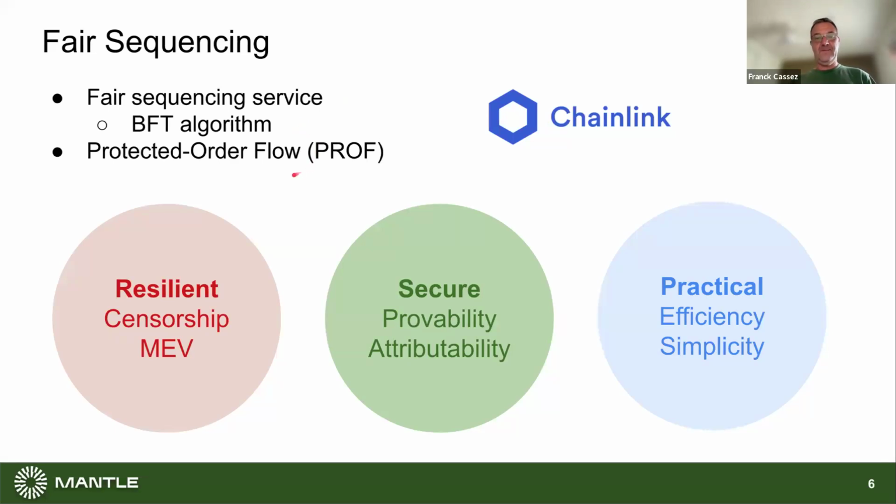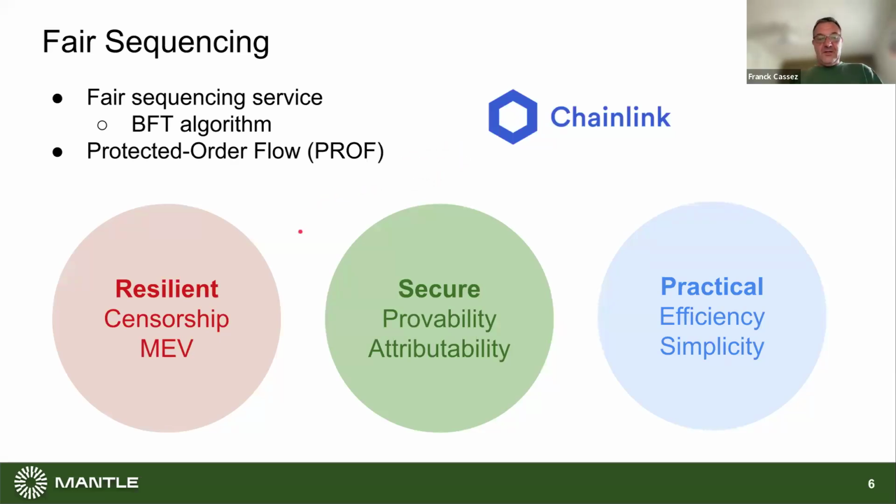And they improved the technology in the last few years by having what's called the protected order flow system, which is a way of collecting transactions on different nodes. On different nodes, all the transactions are totally ordered, and from this total order on each local node you can build a total order of the union of the transactions of the nodes. So that's the algorithm they are using.